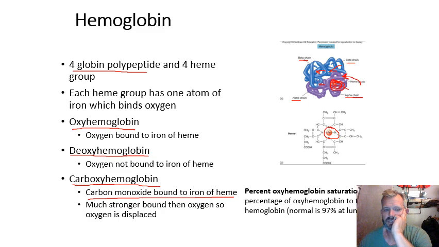So this is where carbon monoxide and carbon dioxide differ, in that carbon monoxide is going to actually bind, and it will bind with what we call a higher affinity, bind tighter than the oxygen, so it actually will replace the oxygen. Some of you might have heard of carbon monoxide poisoning.